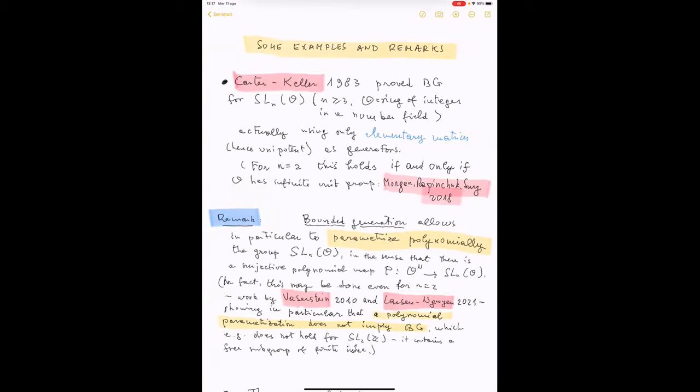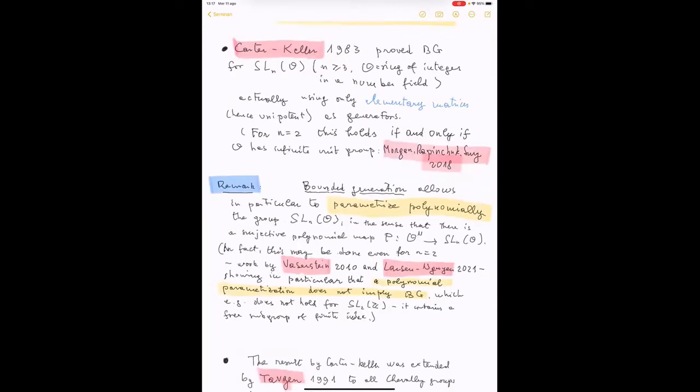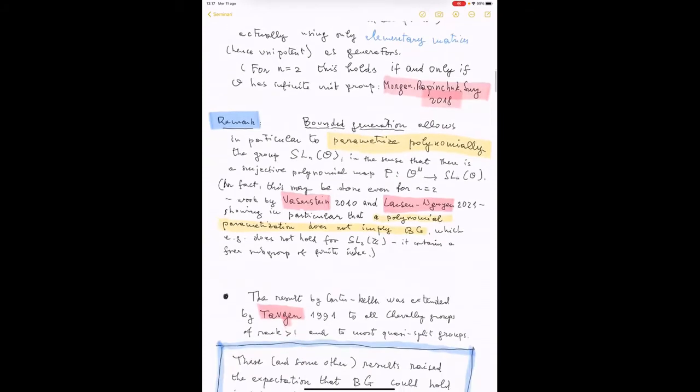For n equal to 2, this holds if and only if the ring has infinite unit group, as has been proved by Morris, Rapinchuk, and Srinivas in 2018. These are somewhat classical examples of bounded generation for somewhat classical arithmetic groups.